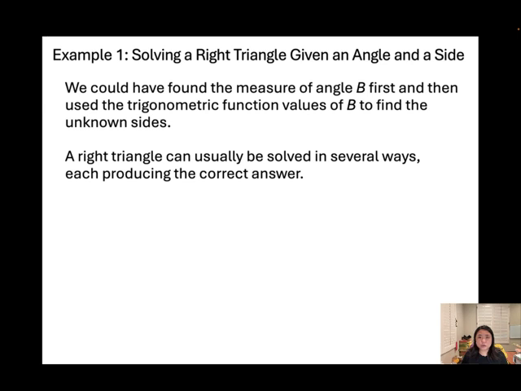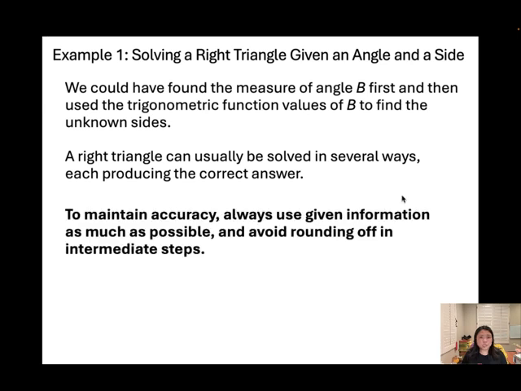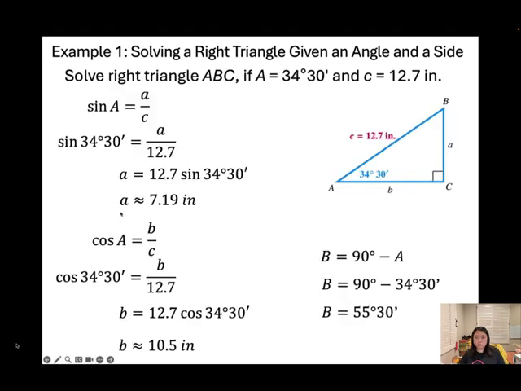A right triangle can usually be solved in several ways, each producing the correct answer. To maintain accuracy, always use given information as much as possible and avoid wandering off in intermediate steps. After you find out the length of side A here, you could use the Pythagorean theorem to find out the B. Okay, but I would recommend you guys try to use the given information to solve the right triangle.